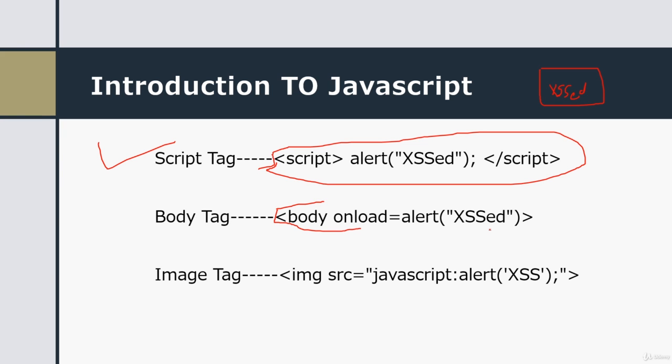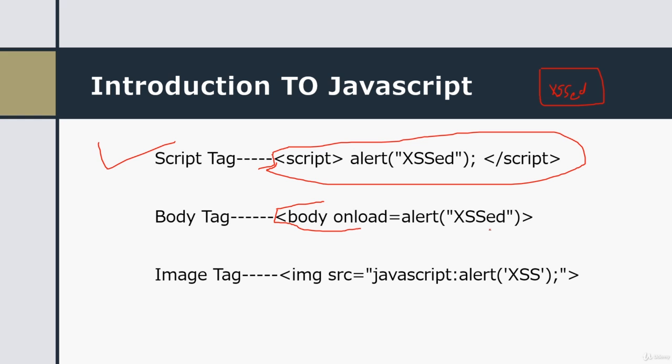There are some other tags such as iframe, div, and link that are also used to embed script in an HTML page. JavaScript can be used not only to retrieve information from the web server, but also to perform DOM scripting, where DOM is the document object model. It has access to web browser data and operating system properties.